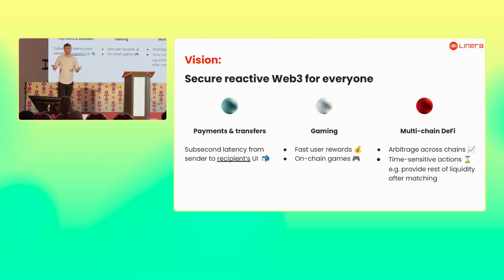A number of things would be possible. You would be able to, obviously, do arbitrage across the chains. You would be able to take several positions, maybe overcommit, and when you're matching on one of the chains, you can quickly adjust your bids in the other chains.